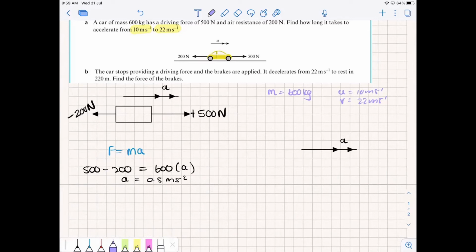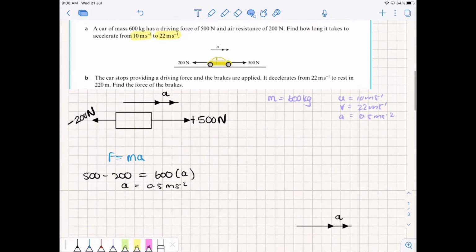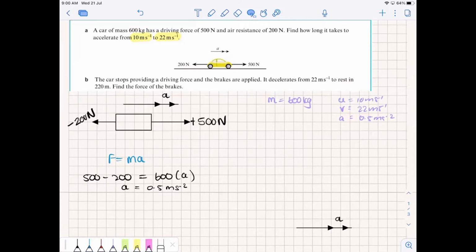Now if I go back to what I've been given, I now also have the acceleration. Let me move this out of the way. Based on that, we now have enough information to find out how long it takes.